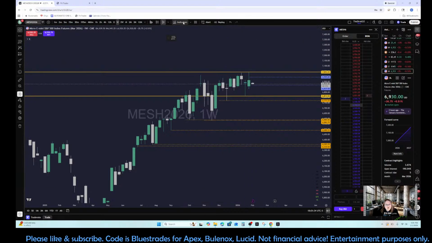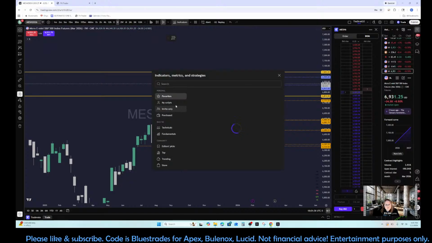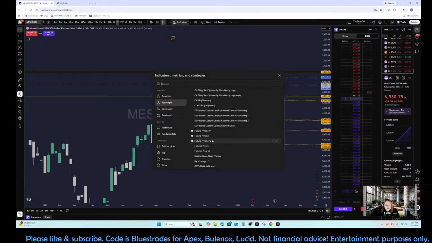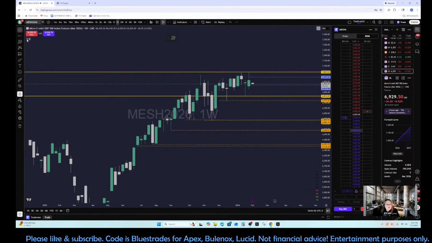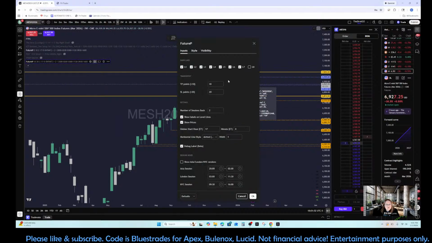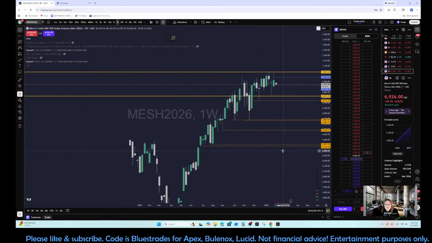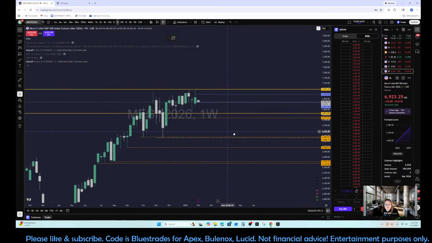Okay, I don't know why it's not there. That's very strange. Why is my indicator not showing? There it goes. Nope. Settings. Okay, why is my indicator not showing?